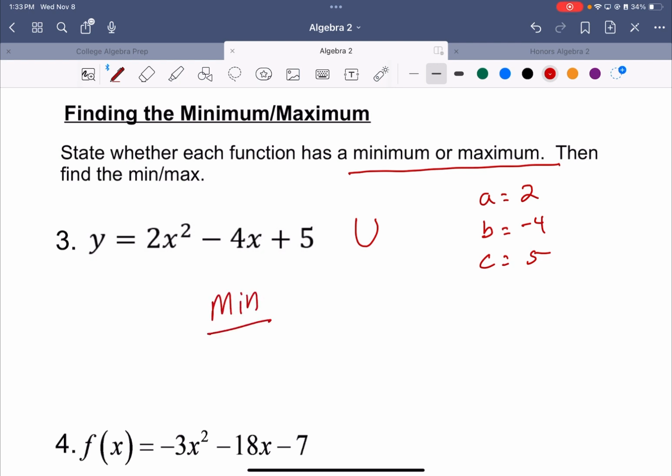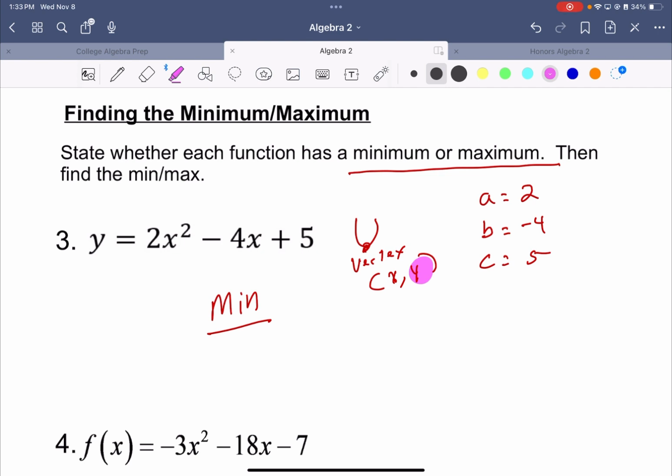But we have to find the value. In order to find the value, what do I have to find? I have to find the axis of symmetry, and then plug that in to find the vertex. Ultimately, we need the y value at the vertex to find what that minimum is.